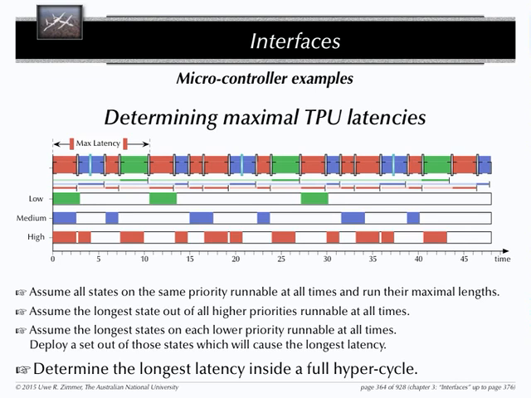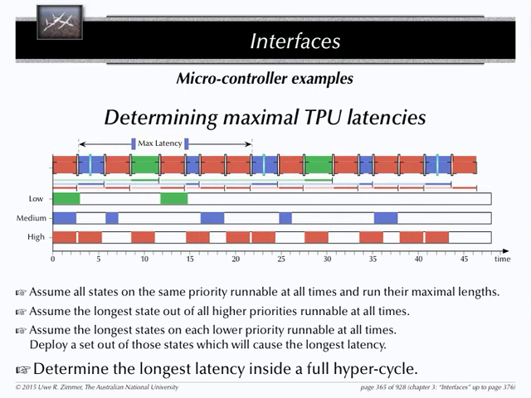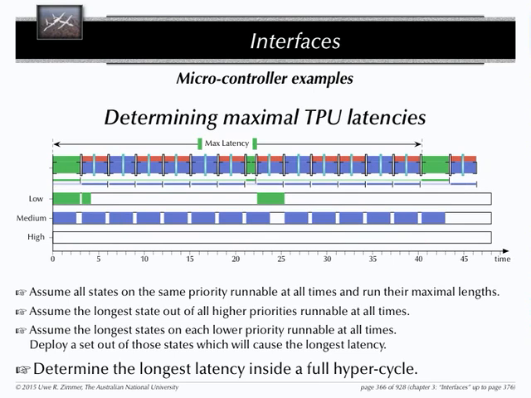And similar for the lowest priority. And then you have to calculate that for the full hypercycle, and that gives you the maximum latency for this highest priority task, which looks like that, for the medium priority task, which looks like that, or the lowest priority task, which looks like that.